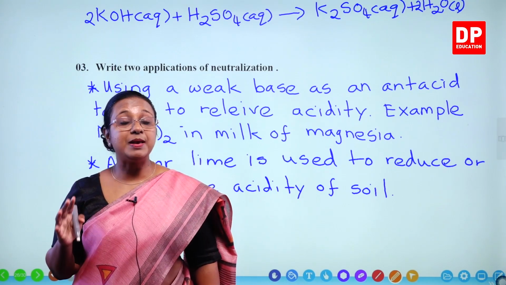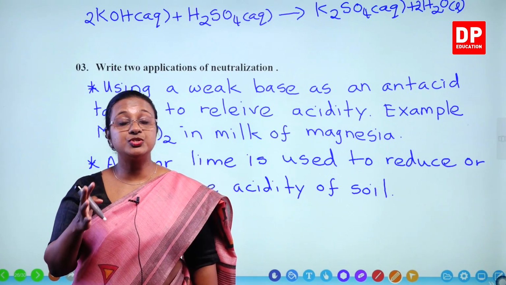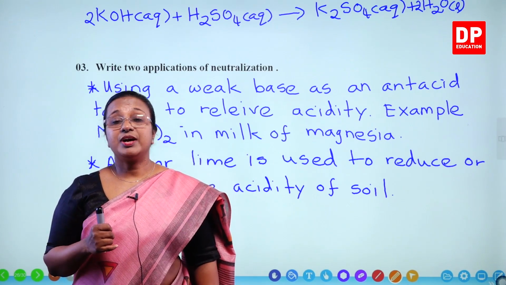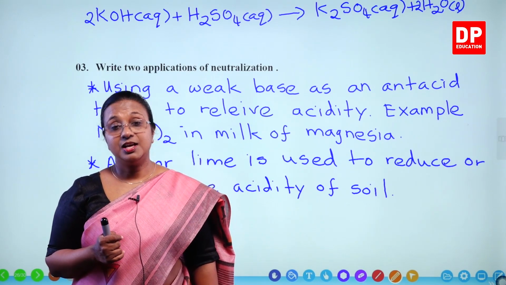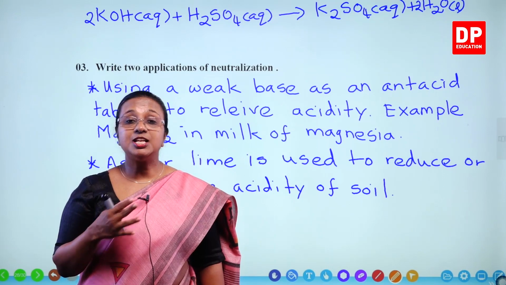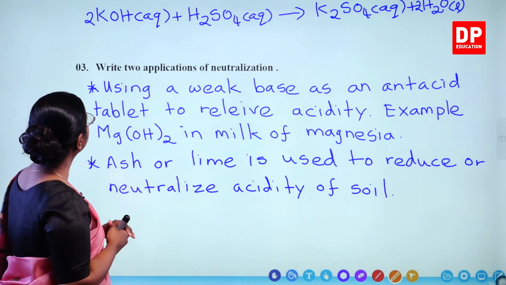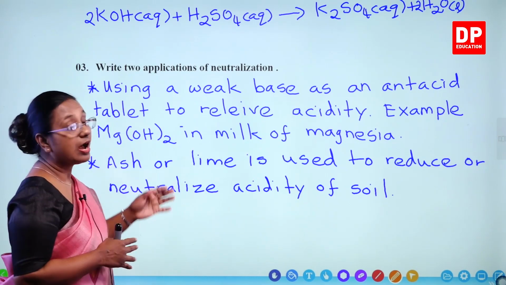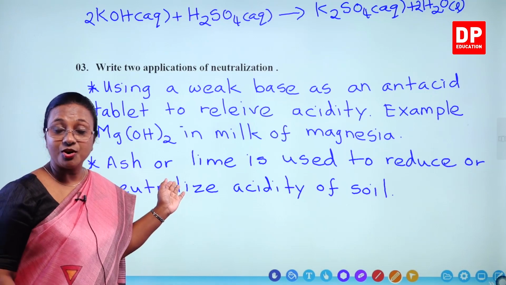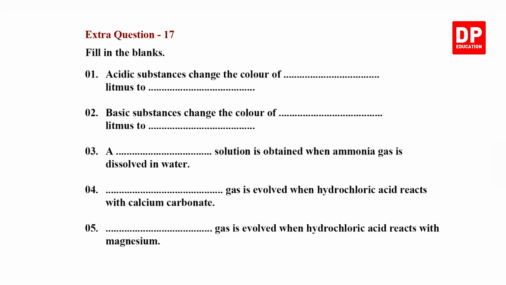And to relieve the pain from wasp sting, we can use either lime juice, tamarind, or any citrus substance. Those are acidic. So, like that, we can use this neutralization reaction in our day-to-day life. Write 2 applications of neutralization. So, I am sure you were able to answer all these questions as well. So, with that, I will move on to the next one.